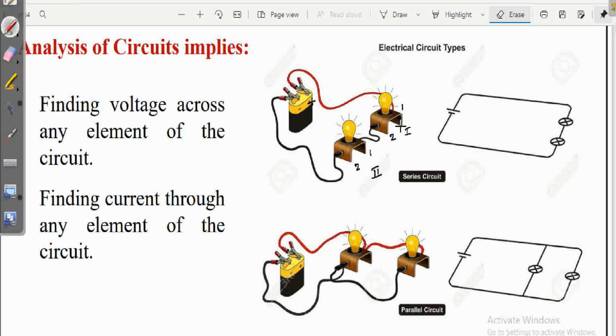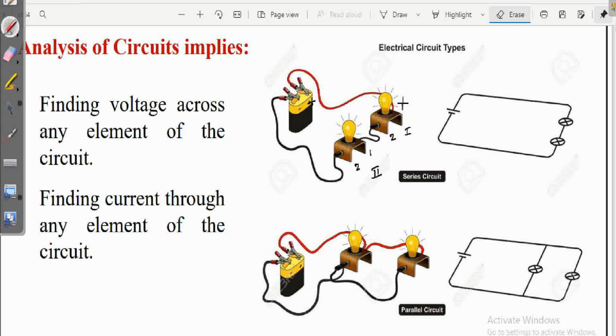So the second end of the first bulb is connected to the first point of the second bulb, and its second end is connected to the negative terminal. It means that they are connected in series.